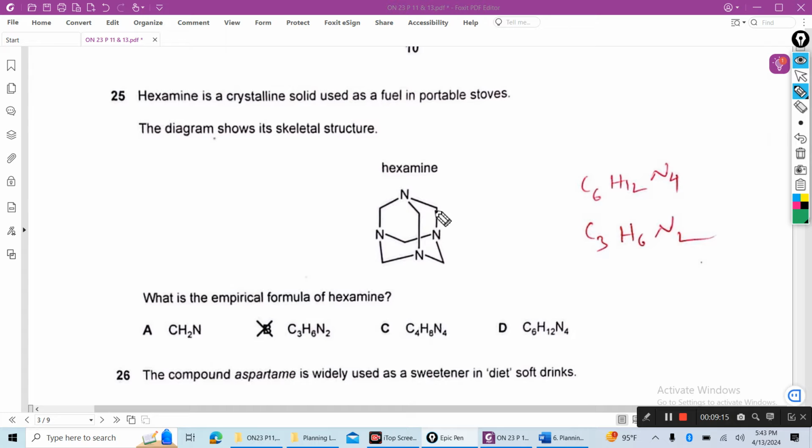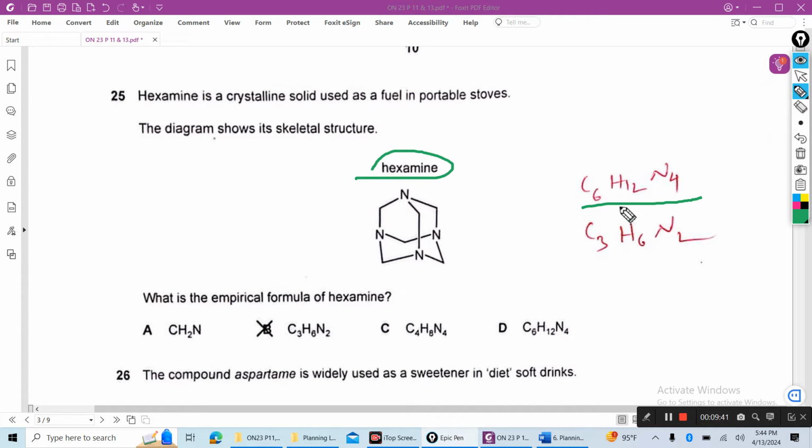So hydrogen 2 4 6 8 10 12 hydrogen. Nitrogen 1 2 3 4. This is C6H12N4, the molecular formula of hexamine.